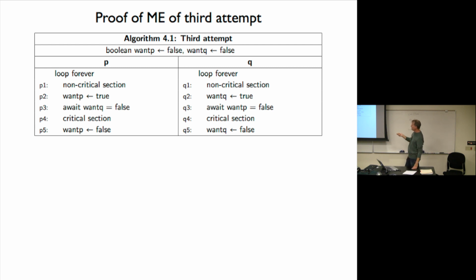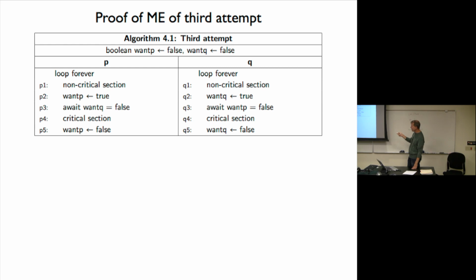So here is a reprint. This is algorithm 4.1, a reprint of our third attempt. Let's remember how it worked. We had Boolean want P gets false, want Q gets false. Then we had the non-critical section, and then want P gets true, because in P2, P wants to get in. Then we do await want Q equals false, so that's our little spin lock.